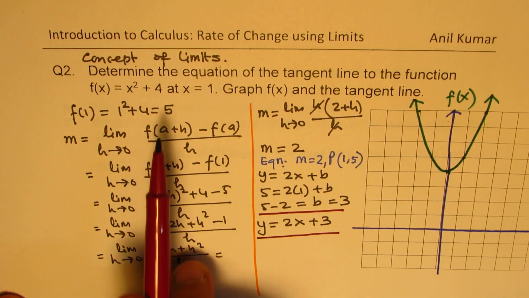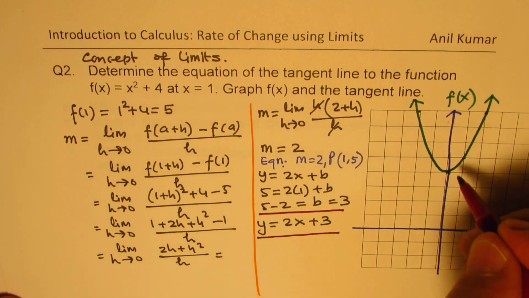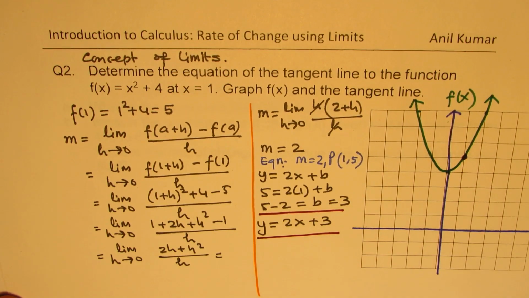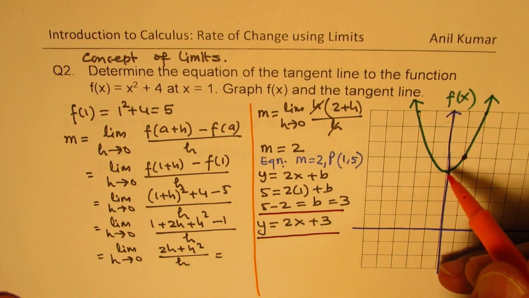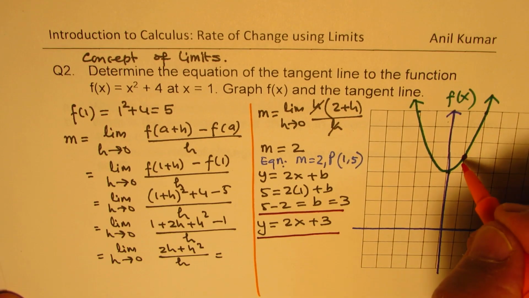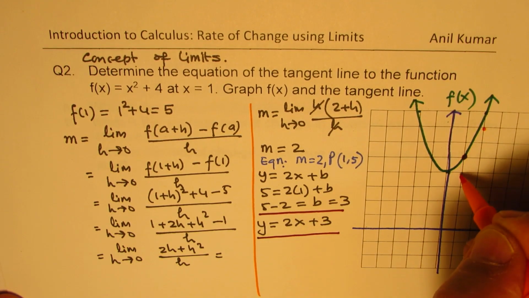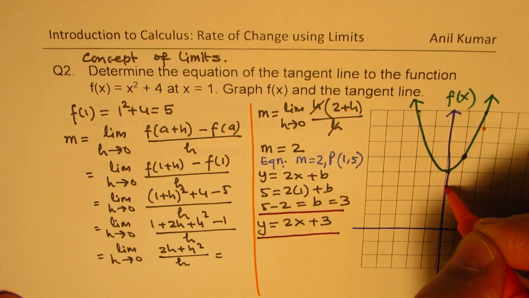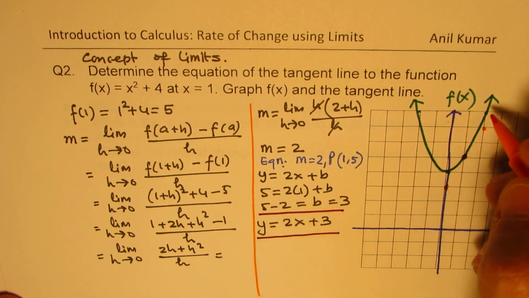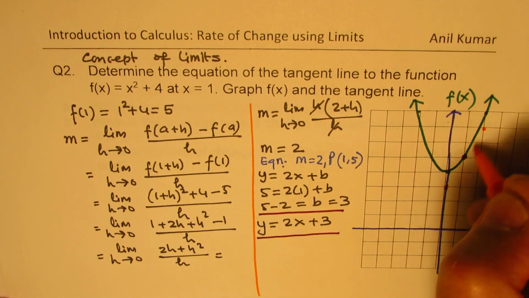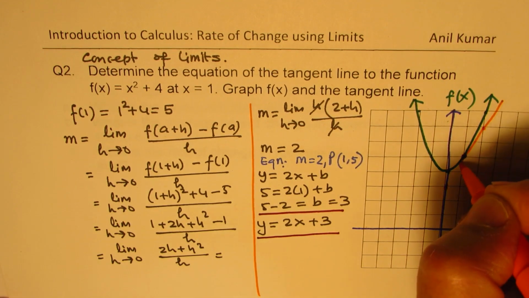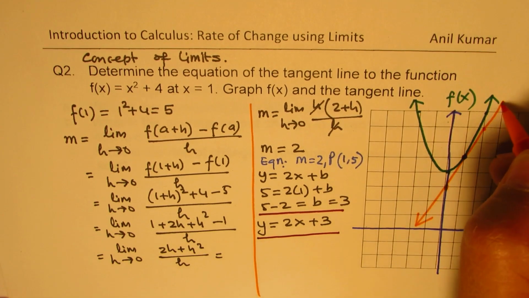Now, the point given to us is at 1, where we have this value 5. The slope at this point we figured out is 2. So we go one step to the right and 2 up, and we can go one step to the left and 2 down. That gives you the tangent line. Use a ruler to draw this tangent. However, here is how it is going to look.